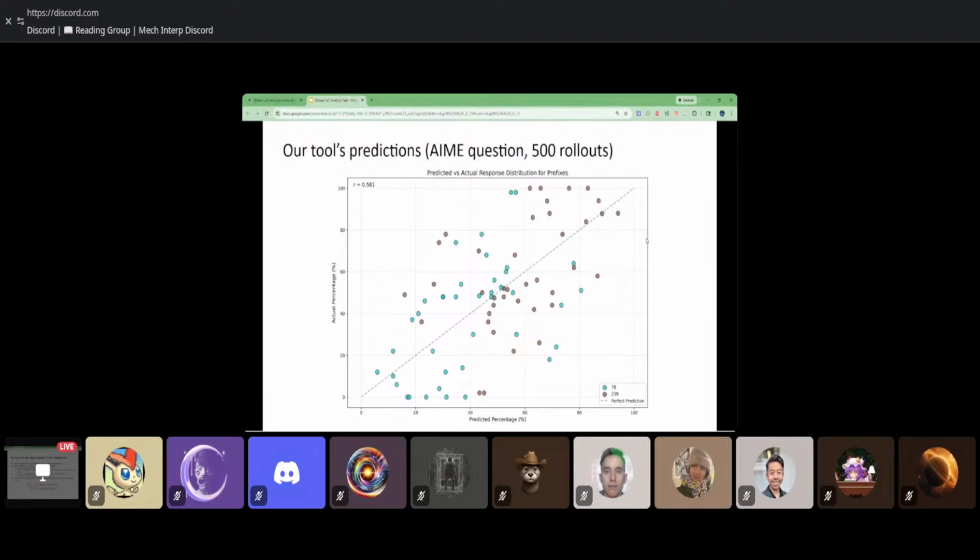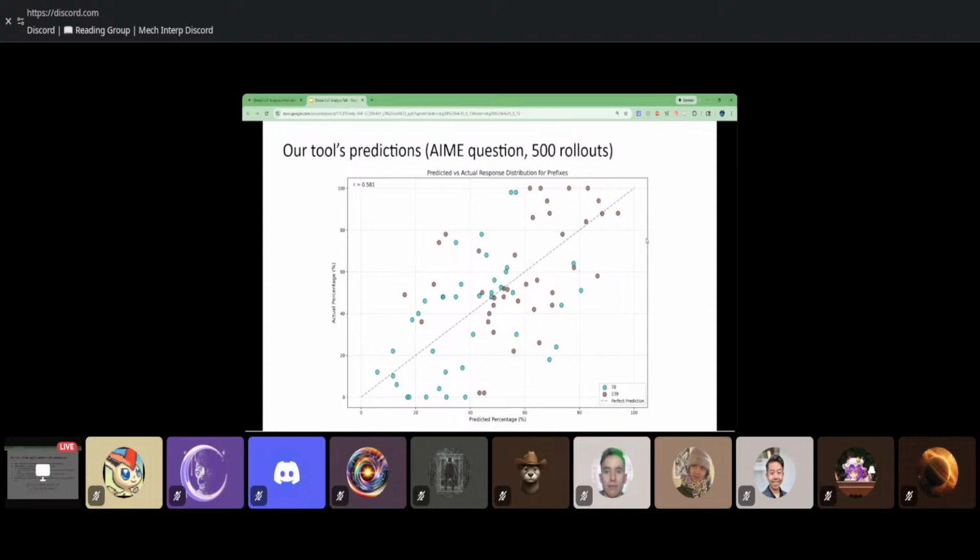Here's what our tool predicted for that first example question. On the x-axis is the predicted percentage, what our graph approach thought. On the y-axis is the actual resampled percentage of correctness.